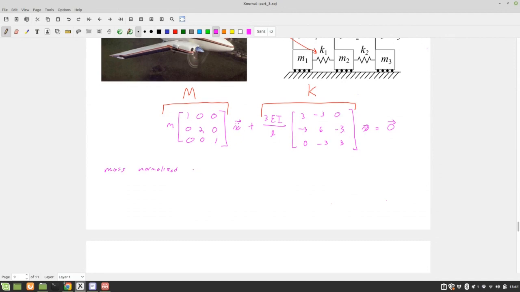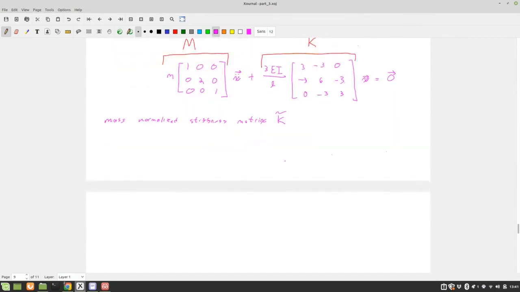Mass normalized stiffness matrix. And what do we call that? K, what's on top of the K? Tilde, yeah. Right?